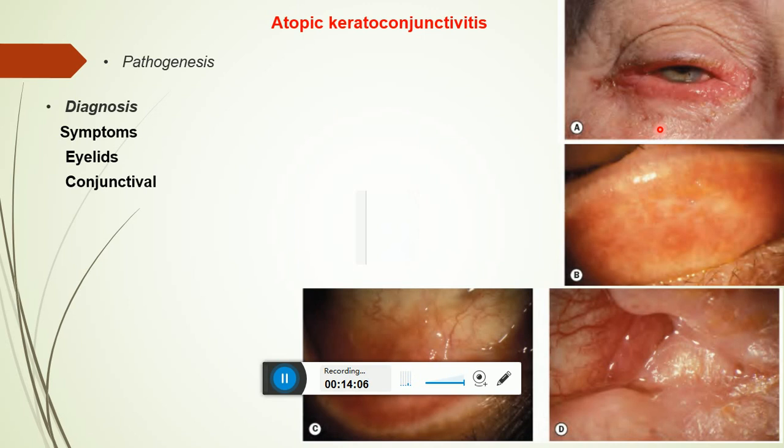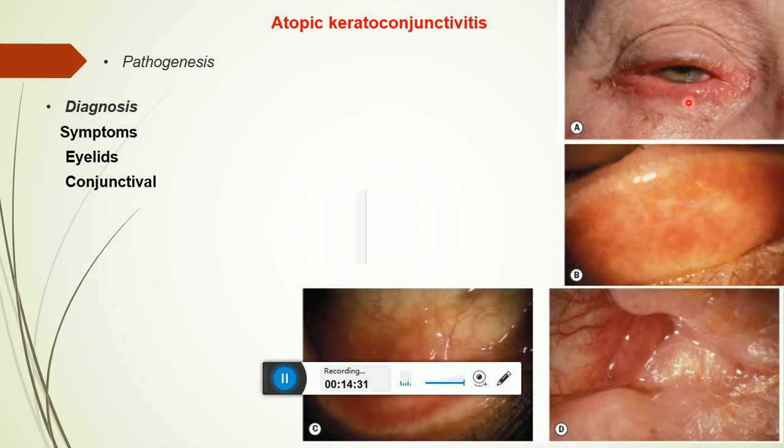The eyelids, as you can see, show skin changes in AKC, with eczema, erythema, dryness, scaling and thickening, sometimes with disruption to epidermal integrity such as fissuring, scratches, and also excoriation.